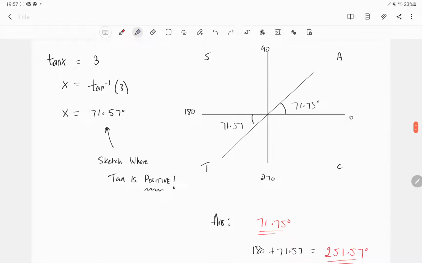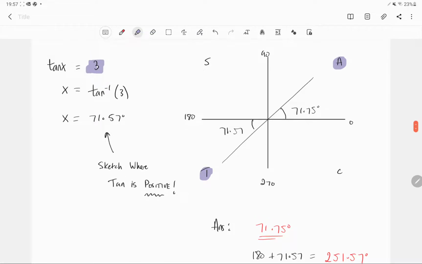Tan for the next one, and it's positive, so we have to figure out where tan is positive in our CAST diagram, and tan is positive in the first and the third quadrant. So we do inverse tan of 3 to get our acute angle, and we draw an acute angle here in the first quadrant and the third quadrant, measuring from the horizontal.